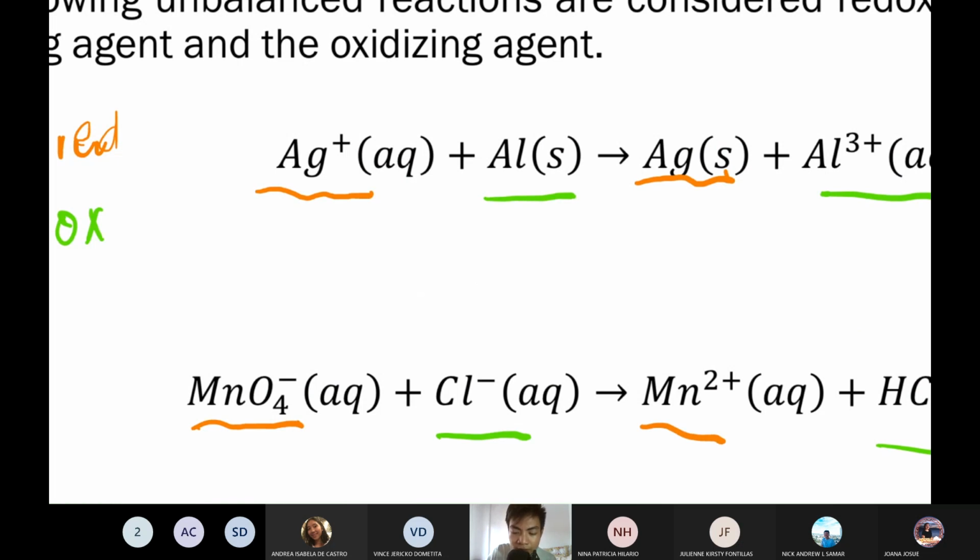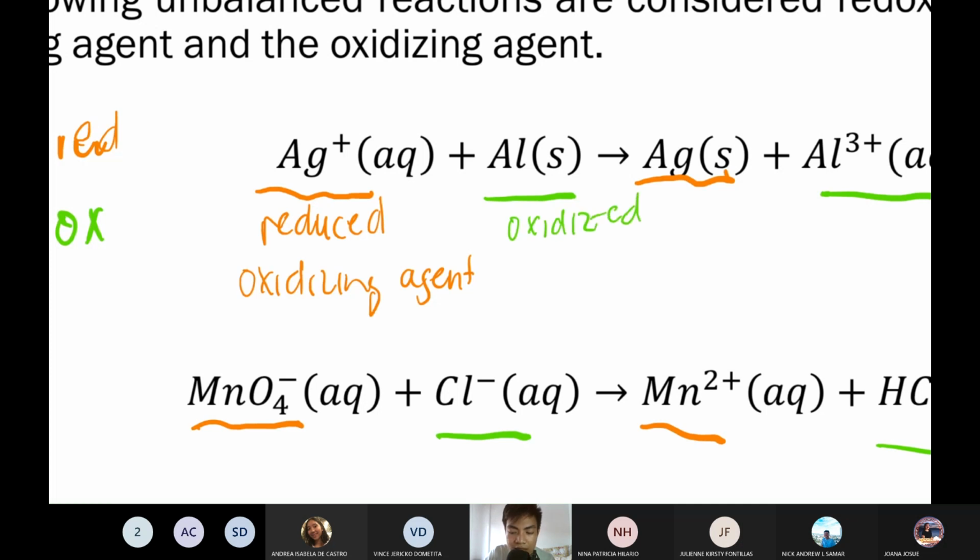So, as you can see, silver is reduced and we can call it the oxidizing agent using the LEO-GER-OA. Okay? Aluminum is oxidized. Therefore, it is the reducing agent. Yung reactant lang papangalanan mo, not the products.